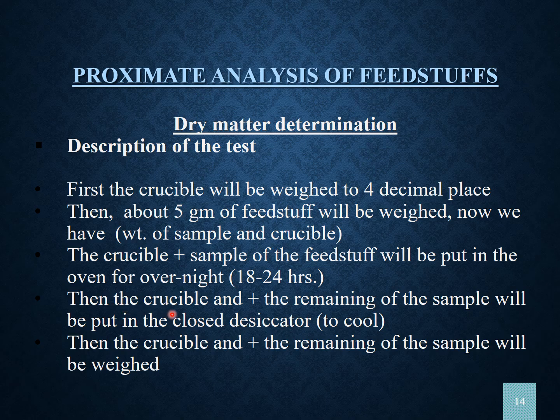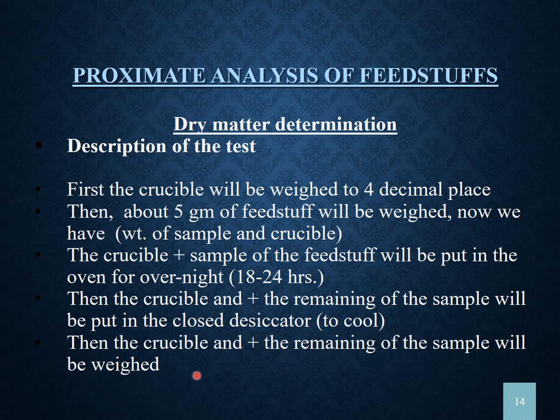Then after this period of time, the crucible and the remaining sample will be put in a closed desiccator to cool at room temperature. Then the crucible plus the remaining sample will be weighed.